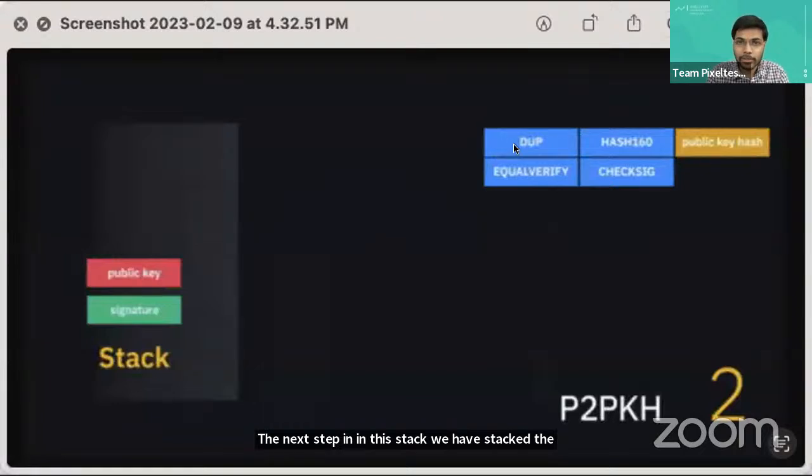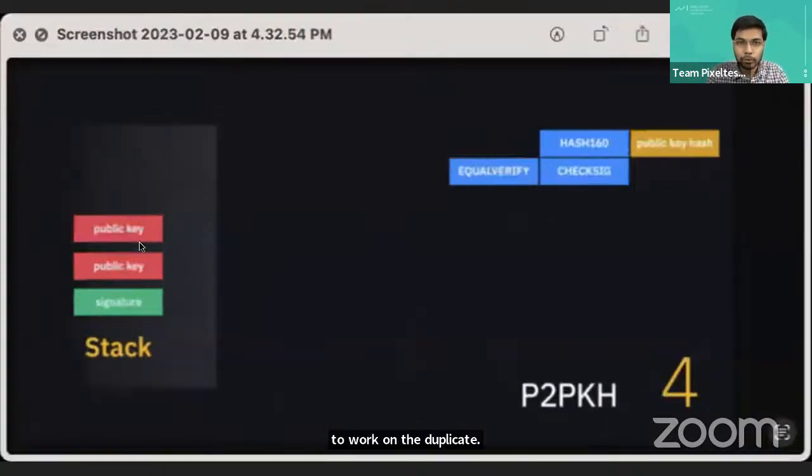So now then the operation is being performed. What duplicate does is it is going to duplicate the public key, right? Because we do not want to work on the original, we want to work on the duplicate. So here it has performed its operation and duplicated the public key, right?